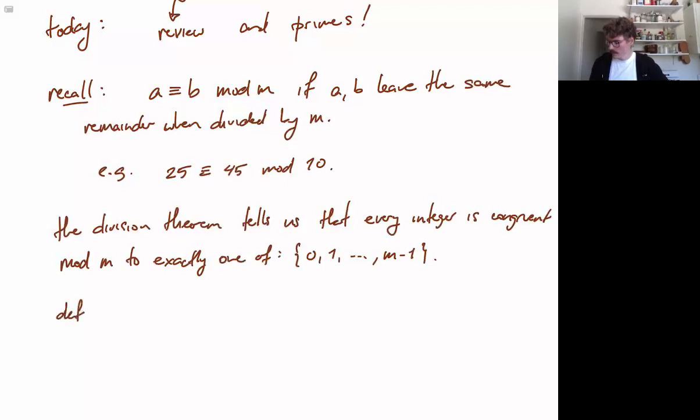So we define this set to be Z slash M, which we say Z mod M. So we're just giving it a name.